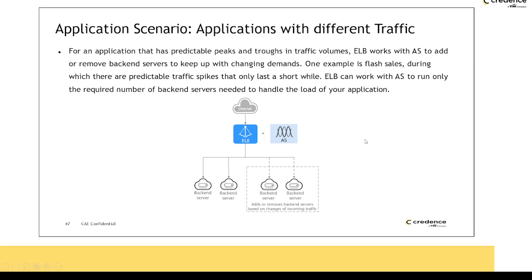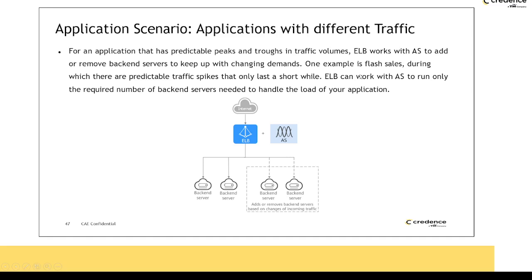Okay, let's say that we have an application with different traffic. For an application that has predictable peaks and troughs in traffic volume, ELB, elastic load balancer, works with AS. AS means auto scaling, to add or remove backend servers to keep up with changing demands.